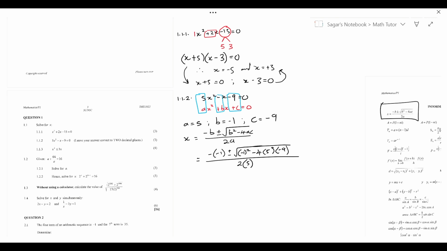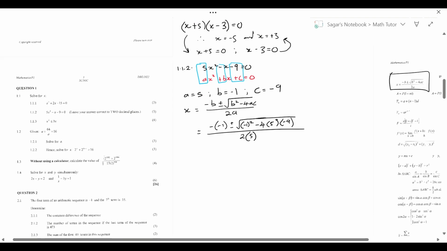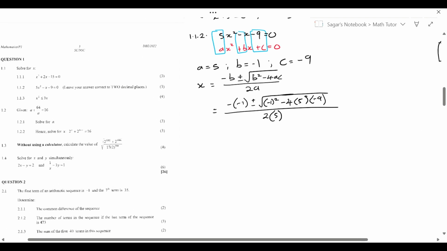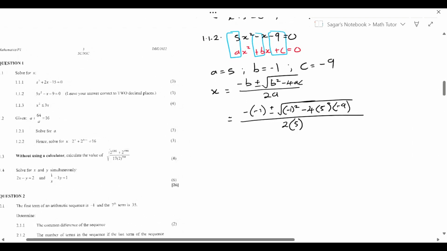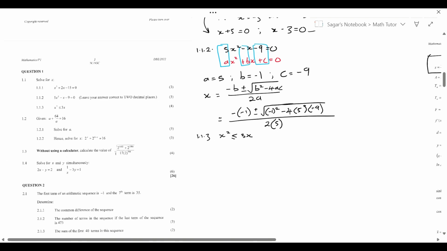Let's move on to 1.1.3. Now we're getting to the interesting bits. Right?